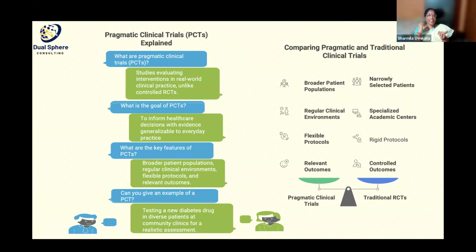And what is the policy? If PCT shows meaningful net benefit in real settings at an acceptable cost, it proceeds to coverage, possibly conditional. If evidence is mixed, consider coverage with evidence development tied to ongoing data collection.